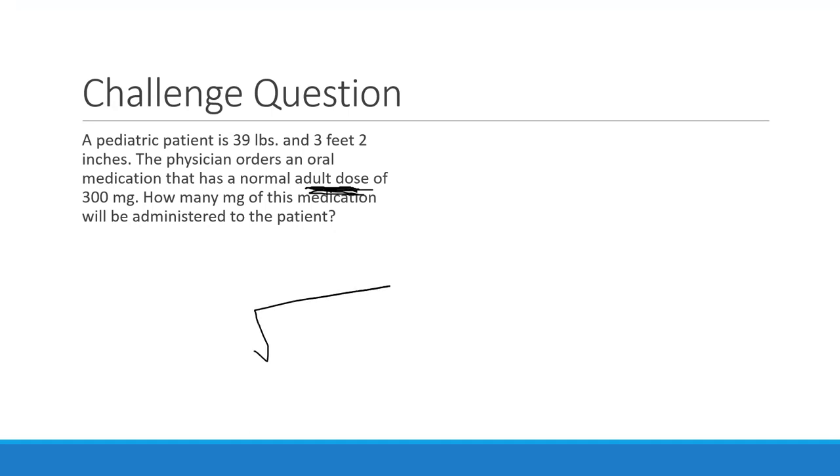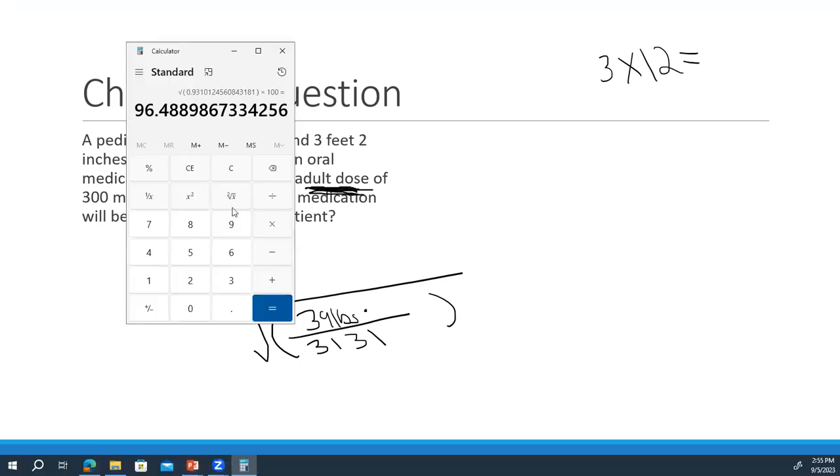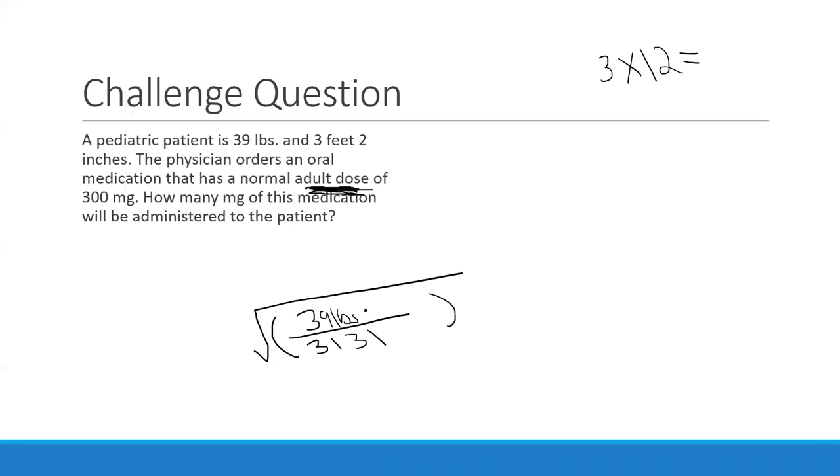So we've got that 3131, and then we've got 39 pounds times, so we'll do 3 times 12, which gives us 36, plus 2, which gives us 38 inches.